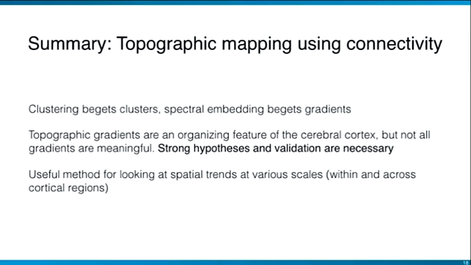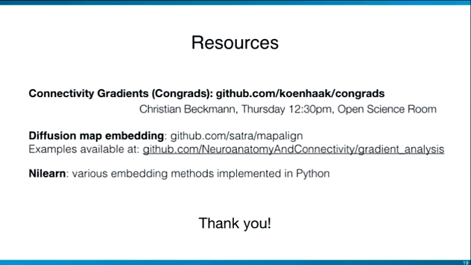But these are useful methods for looking at trends in connectivity patterns or any other feature of the cortex across space at various scales. One can look at transitions between specific regions, one can look at changes within areas, and one can also look at these large-scale patterns and how they vary across connectivity patterns across the cortex.